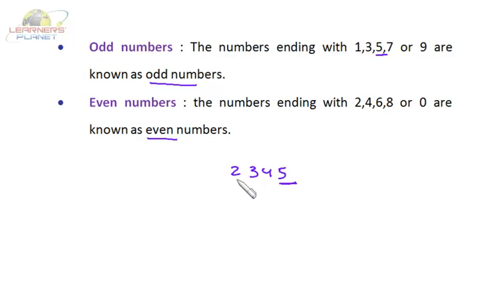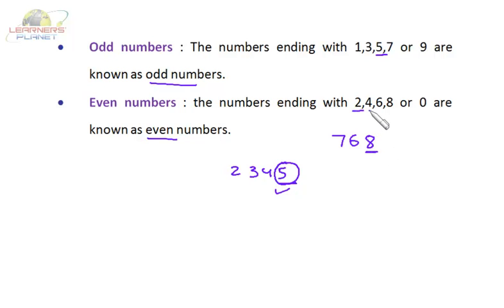So it doesn't matter how many digits are there, you just have to concentrate upon the unit digit. So this is the unit digit in this number, and this is 5, and the numbers which are ending in 5 are odd numbers. Let's take one more example. 768. The unit digit is 8 over here, and the numbers which are having unit digit as 8 are even numbers.